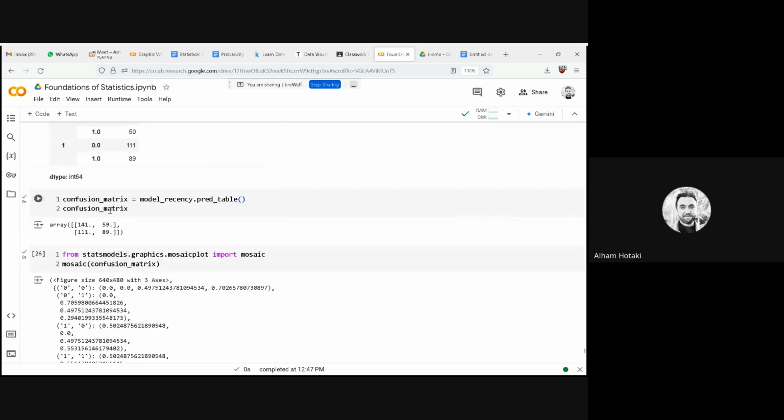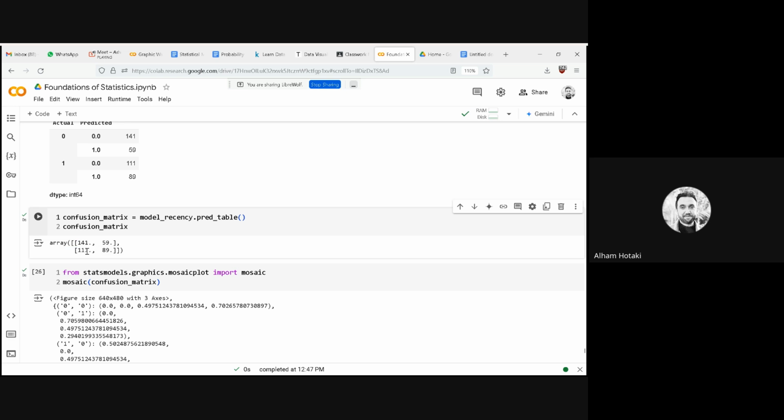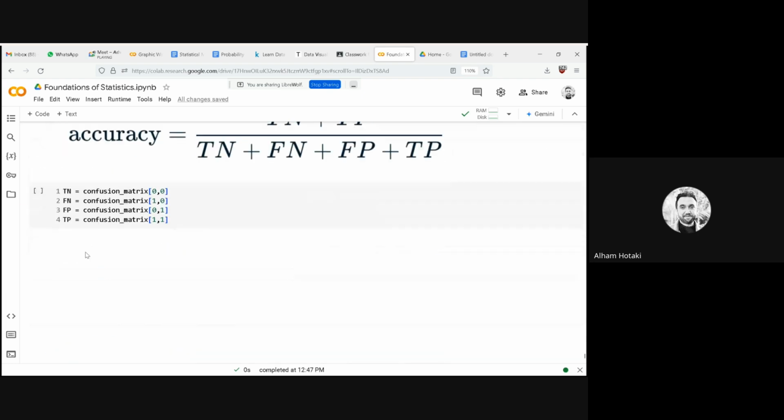So the same thing for this matrix: this is the false positive, and this is the true positive. False positive is the second row, column 0. So second row will be 1, column will be 0. So 1, 0.